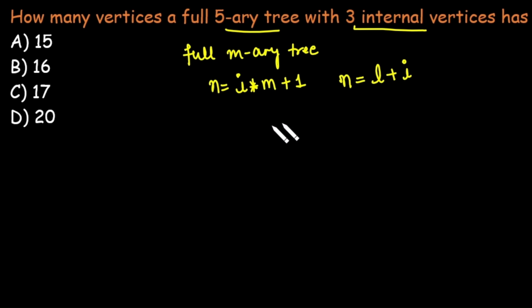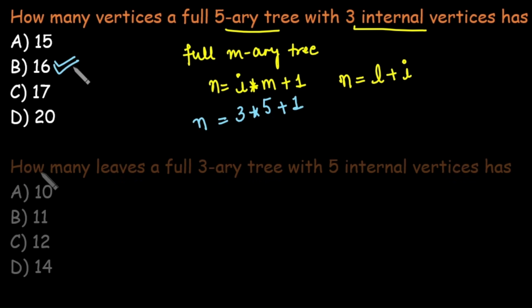With the help of these two formulas, we can answer the terms internal vertices and leaves. In this case, the value of m is given to us, that is 5. Count of internal vertices is 3, into m plus 1, that will give you the total number of vertices represented by n. So here we have 16.